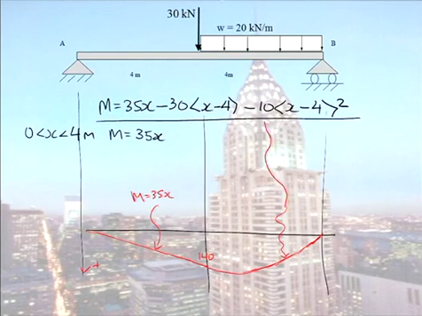Now, within this range here, we're in the range of between 4 and 8, where these bracketed terms won't become 0, we can therefore expand all our brackets and we end up getting the expression minus 10x squared plus 85x minus 40.